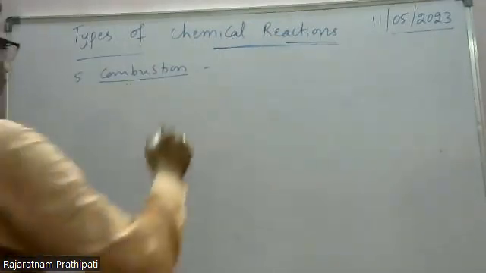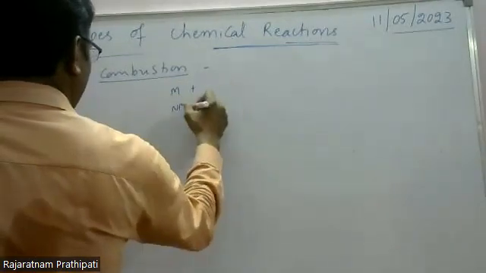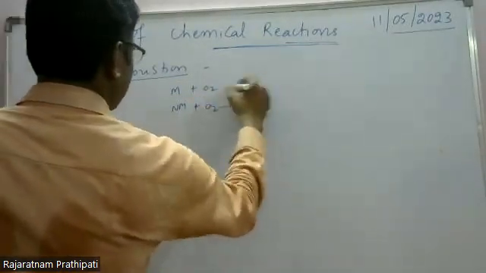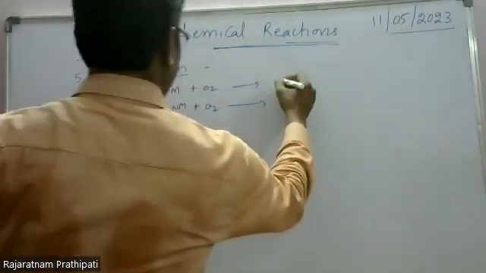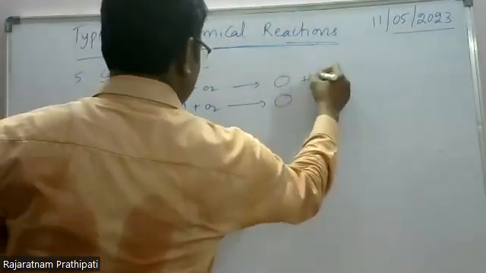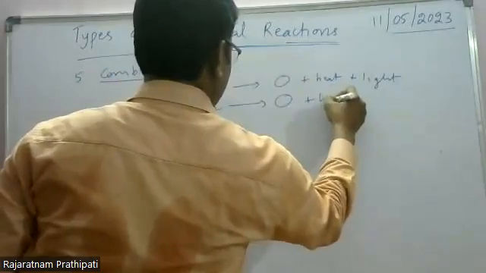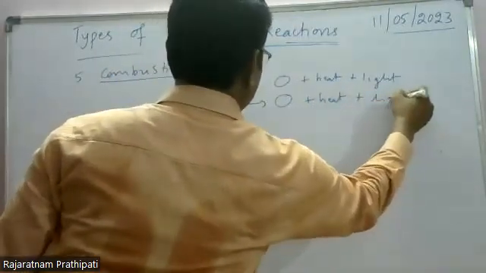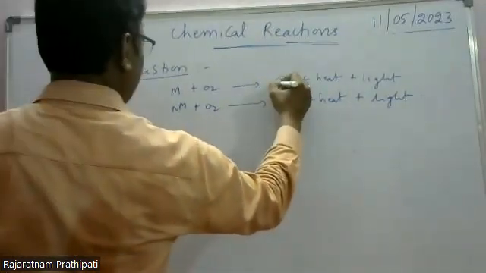Combustion reaction means whatever the substance, whether metal or non-metal, combined with oxygen. The substance combined with oxygen produces a new compound with heat and light. Then those reactions are called combustion reactions.